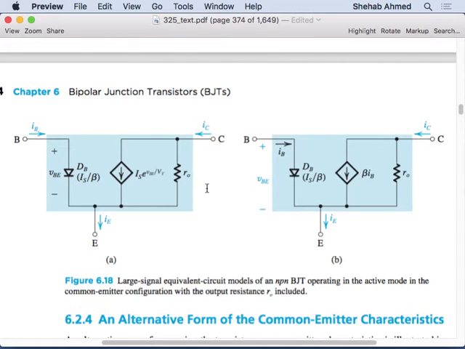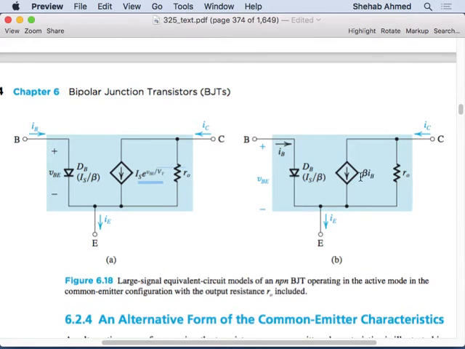Again, this is the complemented circuit with our output in terms of the base emitter voltage or in terms of the base current. Remember yesterday we showed equivalent circuits where we had a current source that is voltage controlled and a current source that is current controlled. And this is IC.